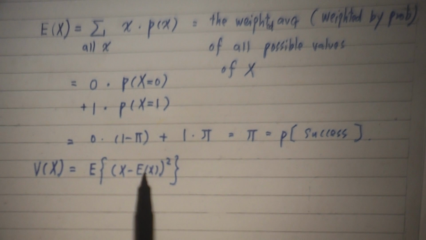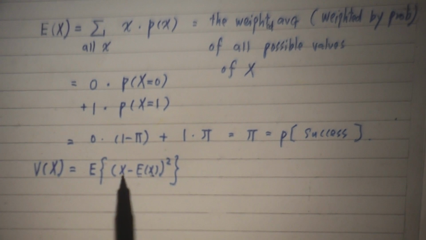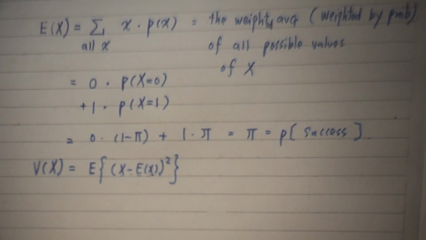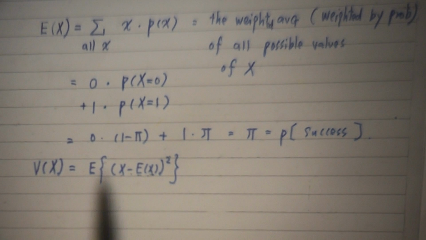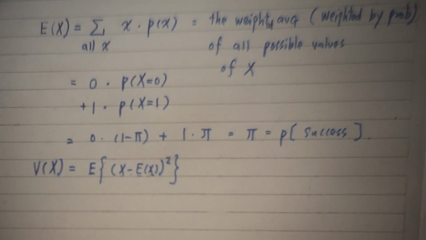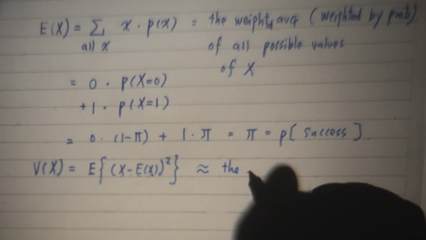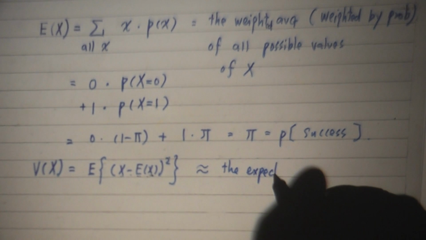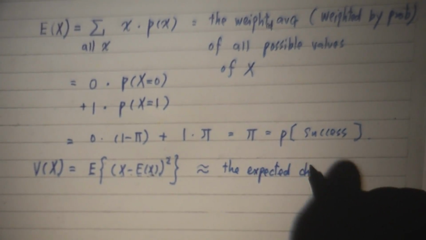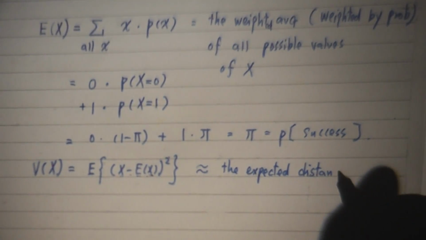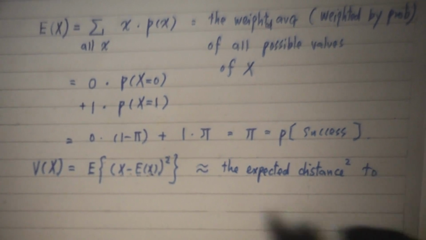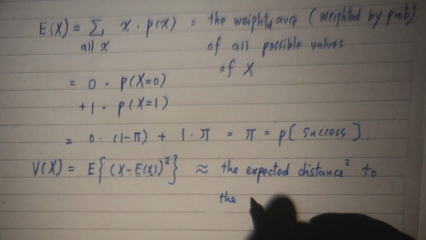Let me try one more time. Expected value of x tells you where the center of the x distribution is. X minus E[x] tells you the distance squared to the center. And expected value means what? The expected distance squared. This one tries to measure the expected distance squared to the center.